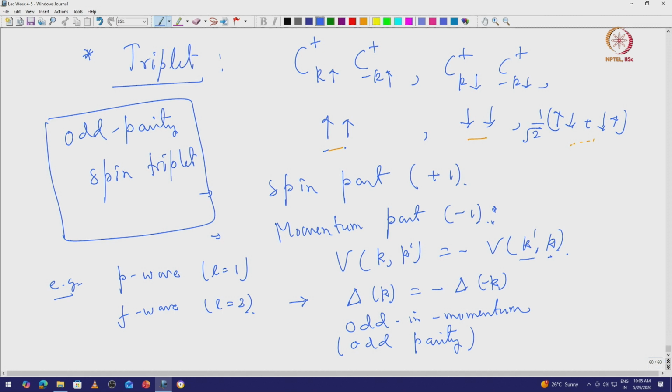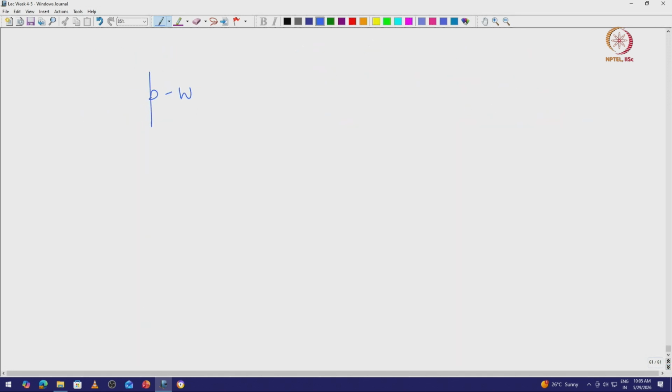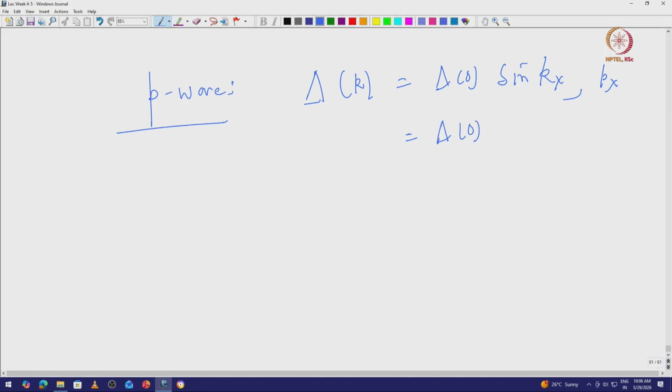A p wave looks like this: some constant times sin kx for px, sin ky for py orbital, for px plus minus py orbitals.